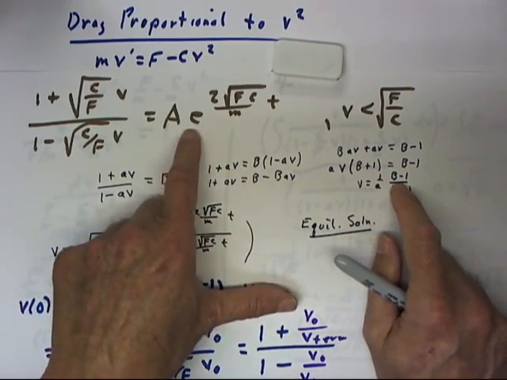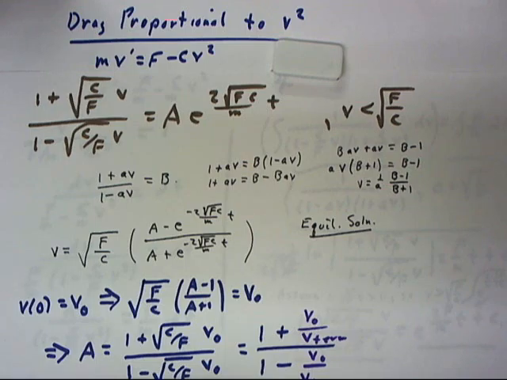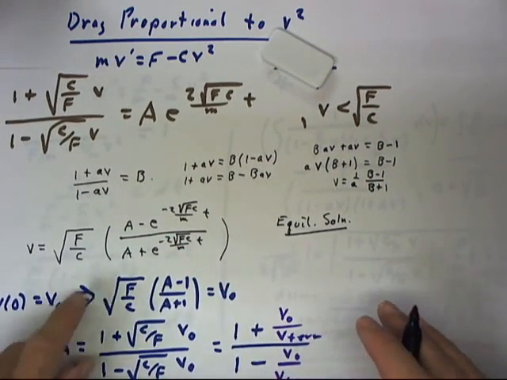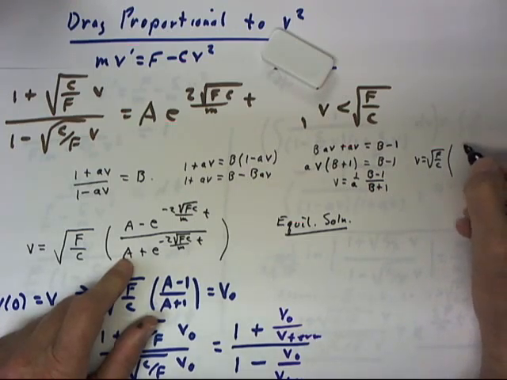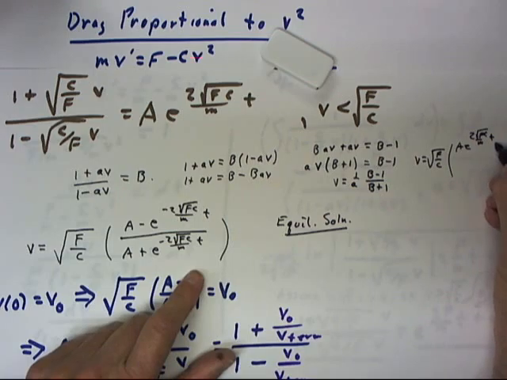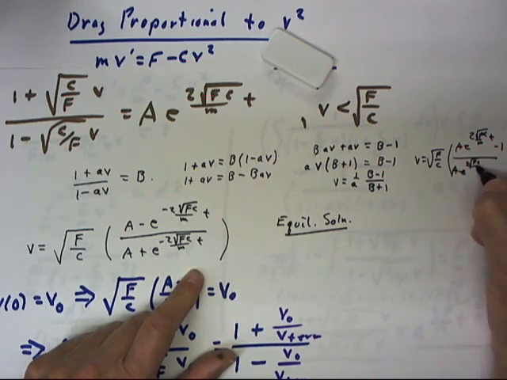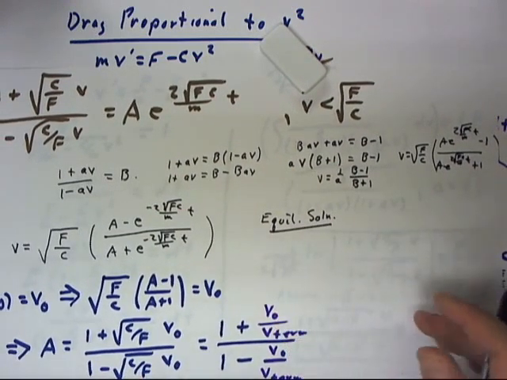Our B is just our A e to the 2 square root of Fc over m multiplied by t, so that the equation will actually come out in the form v equals the square root of F over c multiplied by B minus 1, that would be A e to the 2 square root of Fc over m t minus 1 divided by A e to the 2 square root of Fc over m t, and I'm writing that small and not very neatly because it's not really necessary to see all those details.